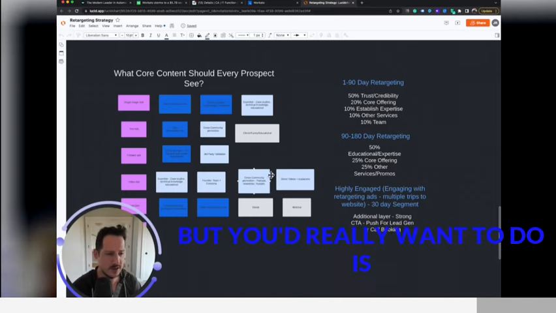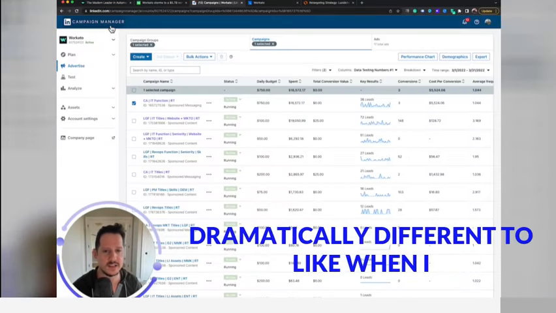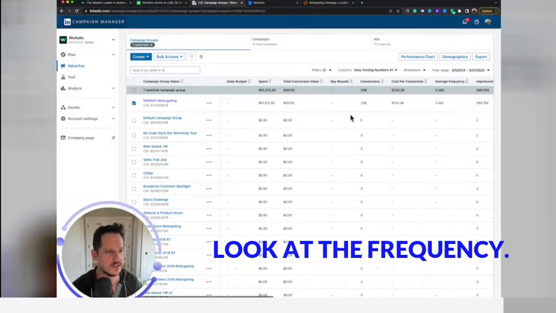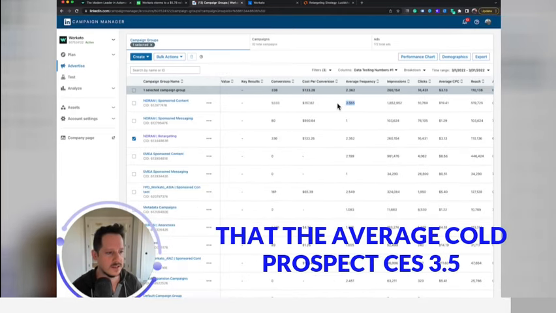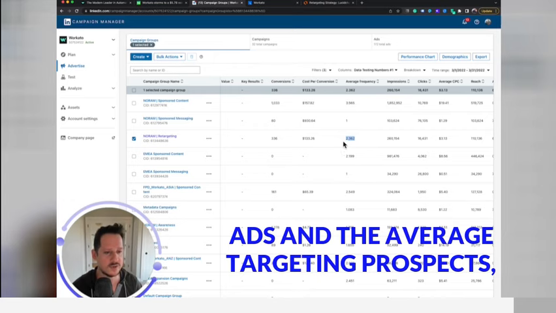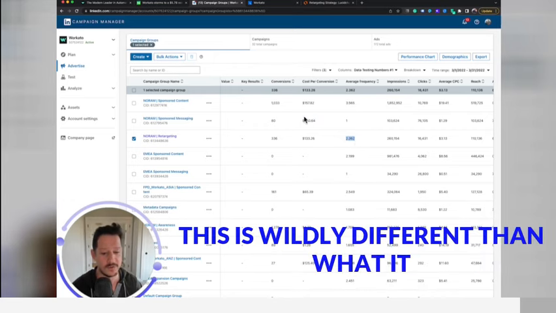And really what you'd want, especially with this budget, I could do miracles with a 10K a month budget. But what you'd really want to do is to have an actual strategy of what content you want to put in front of them and have different time capsules, because the retargeting layer is where 80% of your results should come from. And the frequency distribution should be dramatically different too. When I look at their frequency and I see that the average cold prospect sees 3.5 ads and the average retargeting prospect sees 2.5, this is wildly different than what it should be.